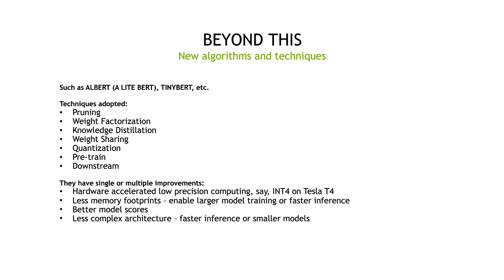We will also do some experiments on int4 inference on Tesla T4. And usually we will have less memory footprint, which helps enable larger model training or faster inference. With different algorithms, we can have better model scores, and less complex architecture will always give you faster inference or smaller models.